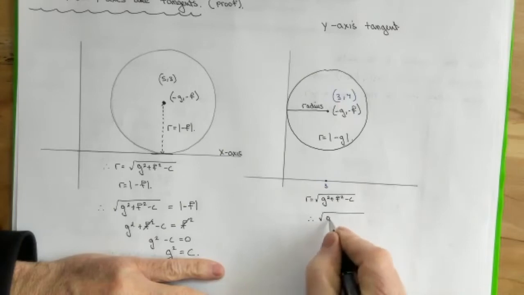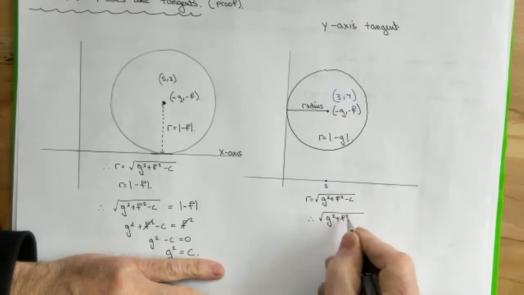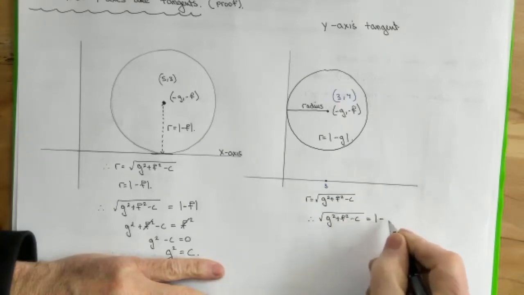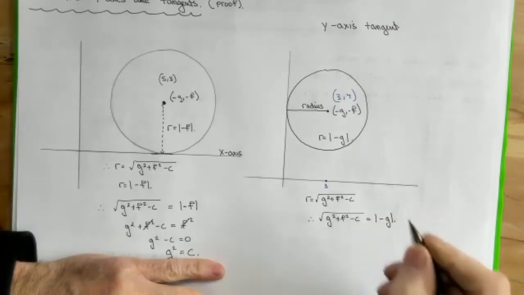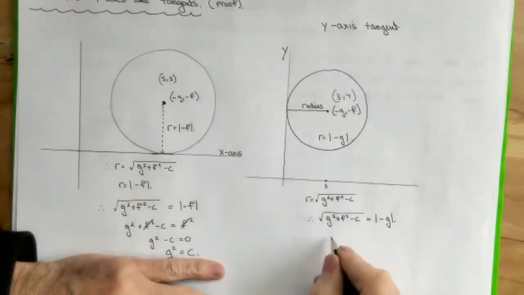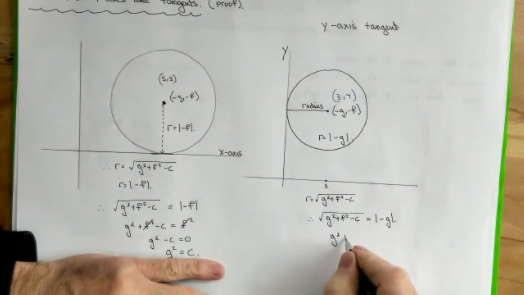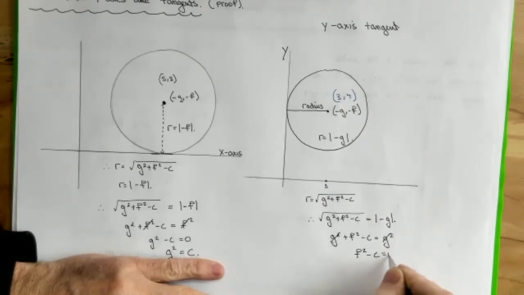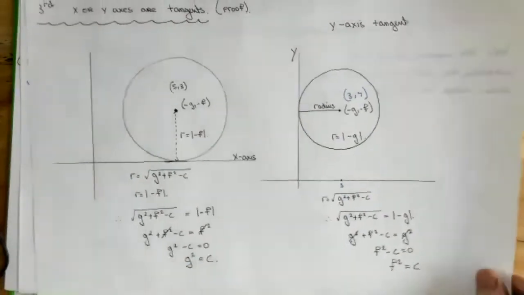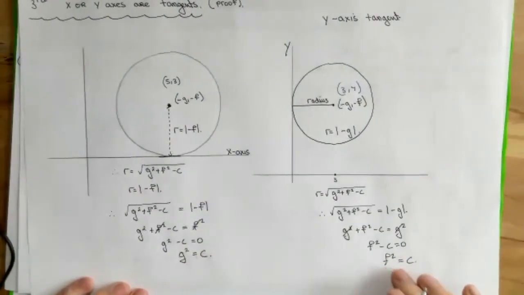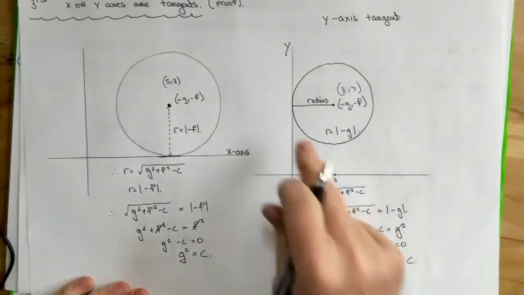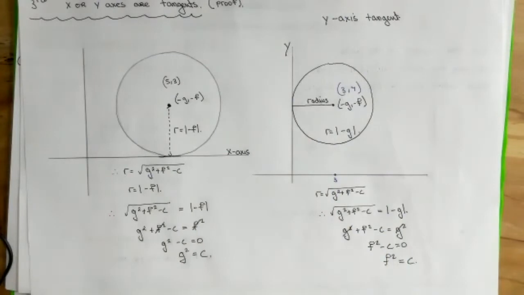Therefore, I can form the equation g squared plus f squared minus c is equal to the length of minus g. That's if the y-axis is a tangent. Squaring both sides, g squared plus f squared minus c is equal to g squared. They cancel. f squared minus c is 0, or f squared is equal to c. And we see that f squared is equal to c if the y-axis is a tangent.